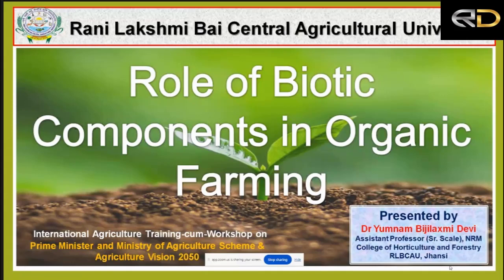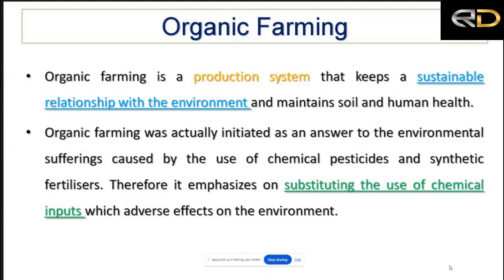Before we start further, we should refresh our minds about organic farming. Organic farming, as we know, is a production system that keeps a sustainable relationship with the environment, and it helps in maintaining soil and human health.